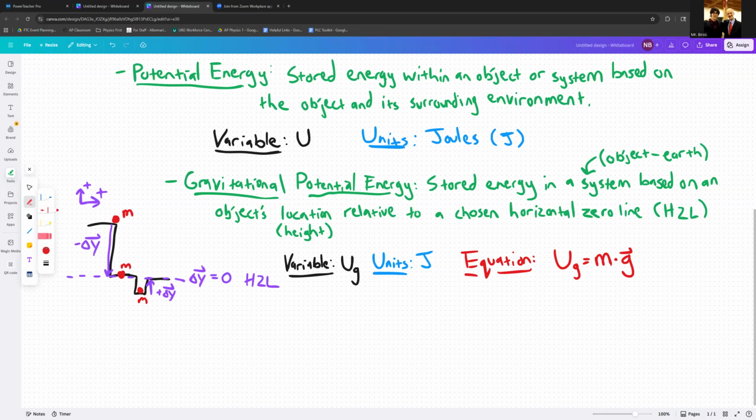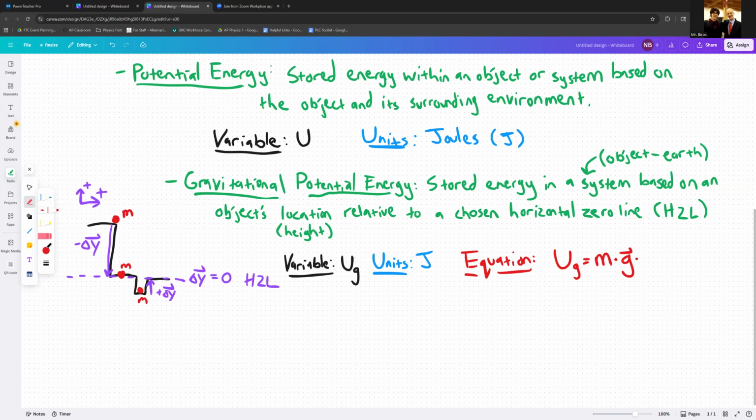So whether you think about this as acceleration of gravity, 9.8 meters per second squared, or gravitational field strength, so far it looks exactly like our force of gravity equation. But this is a reminder that force and energy are not the same thing. We're not stopping here. It's not just mass times 10 or 9.8.